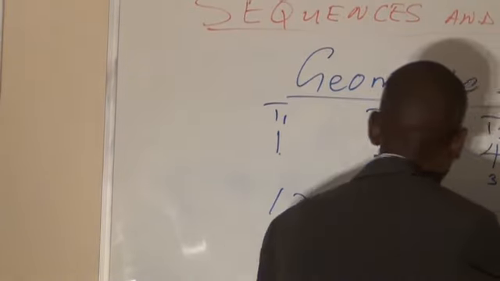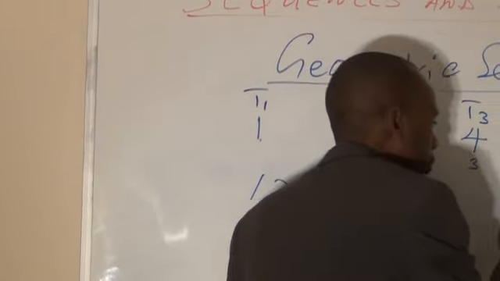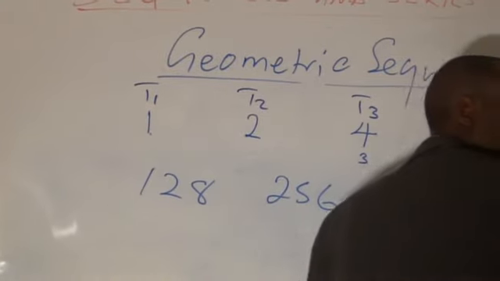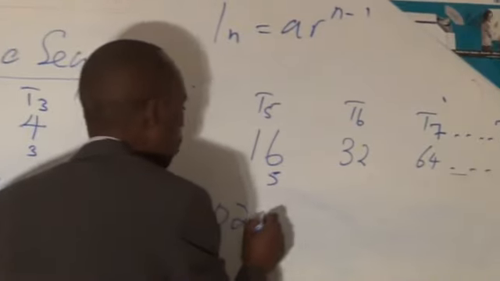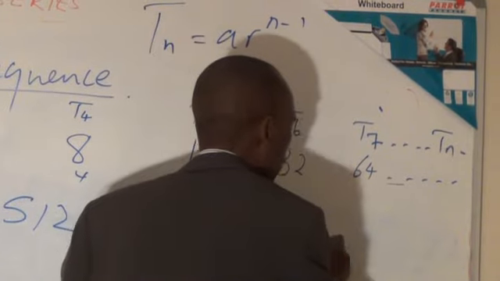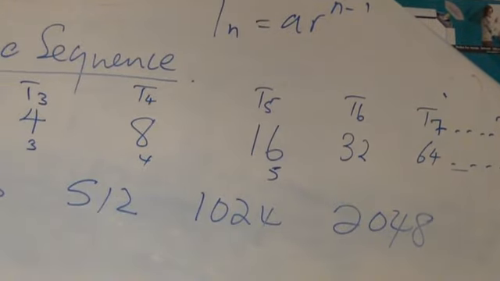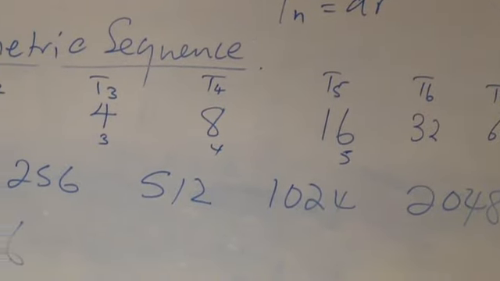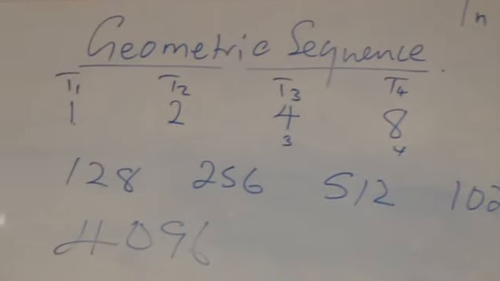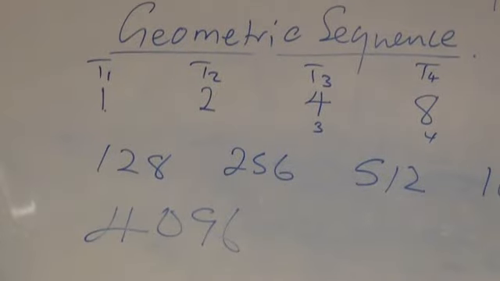The next would be 256 times 2, which is 512. The next would be 512 times 2, which is 1024. The next would be 2048, then 4096. Correct? Multiply by 2.